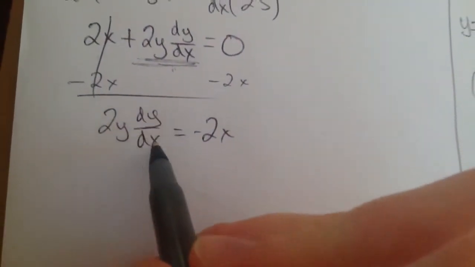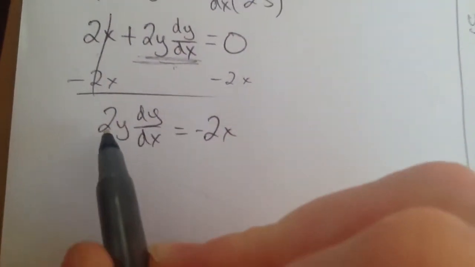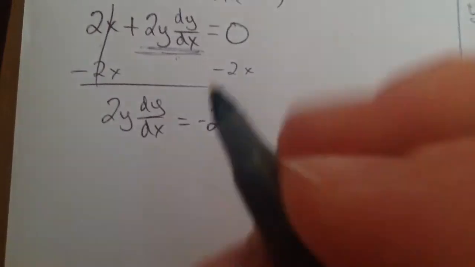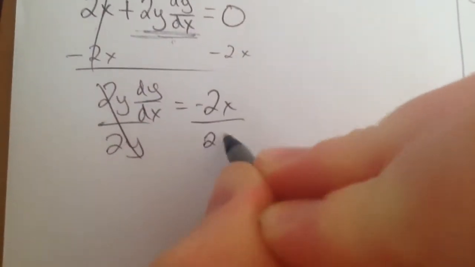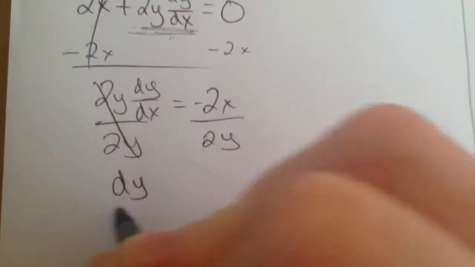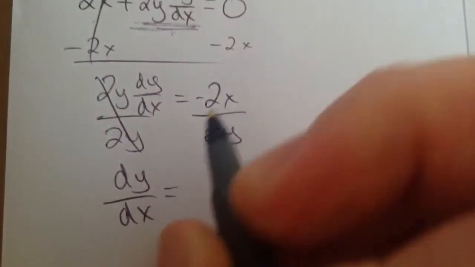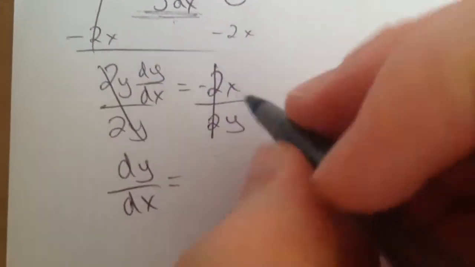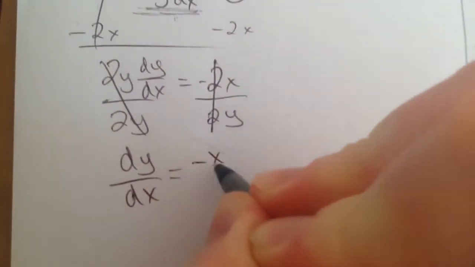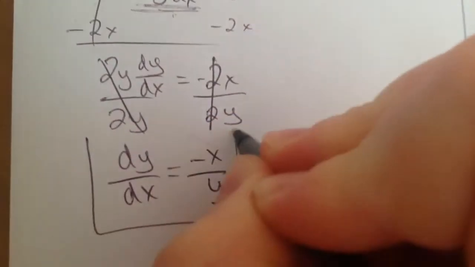Now I solve for dy dx, which in this case I just need to divide by 2y. Because this is all multiplication, divide by 2y. So now the derivative of y with respect to x equals, here I got negative 2 over 2, that's just 1. So I have negative x over y. So there's my derivative of that.